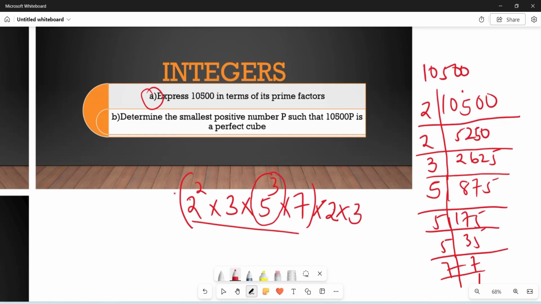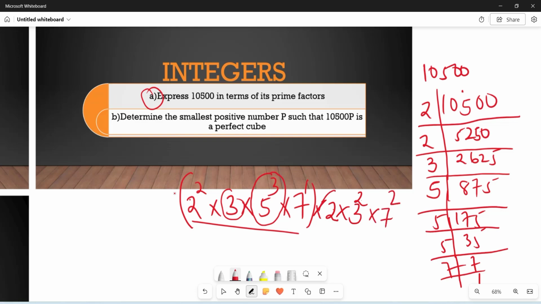For 3, we need to multiply by two more 3s to become 3 cubed. To get 3 cubed, we need to multiply 3 squared with this 3. And then 7, we have only one 7 here. Therefore, we need 7 squared.